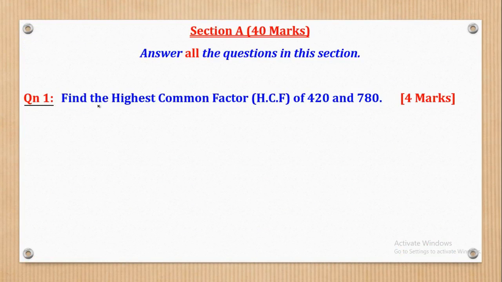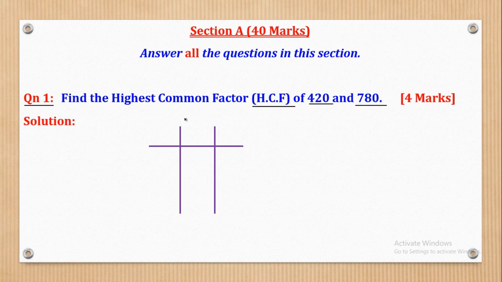Question 1 says find the highest common factor, or HCF, of 420 and 780. So we have put 420 and 780 here. We have to look for common prime numbers which can divide both these values.